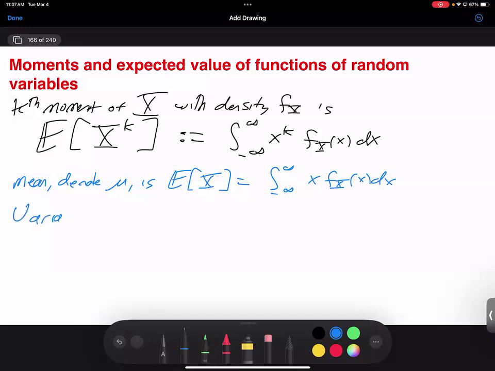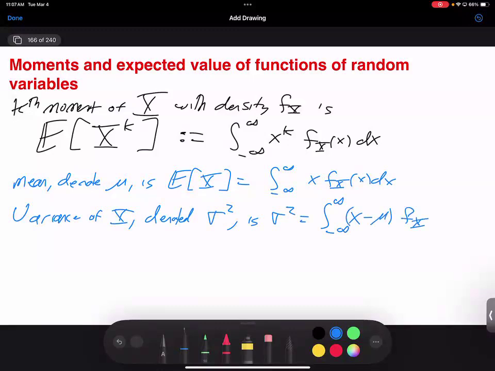The variance of x, denoted sigma squared, is the integral from minus infinity to infinity of (x minus mu) squared times the density dx. So this is measuring how spread out things are.